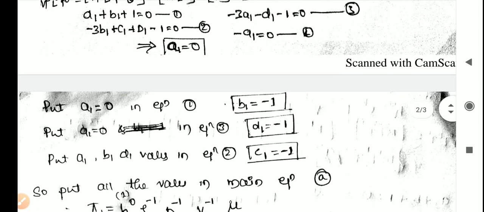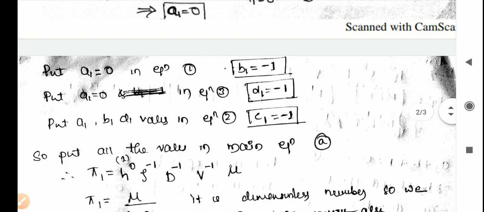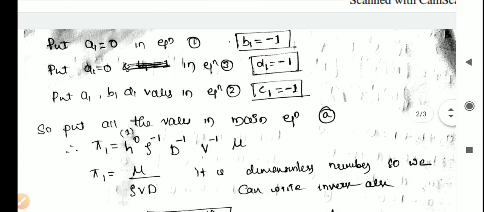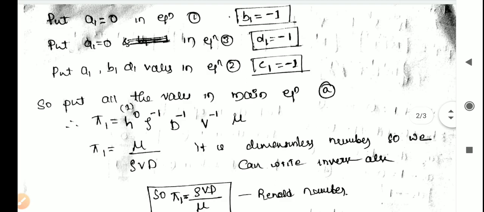You will get c1 is equal to minus 2. Okay, so put all the values in main equation a. Okay, that is pi 1 equation. So pi 1 is equal to h raised to 0, rho raised to minus 1, d raised to minus 1, v raised to minus 1 and mu. Okay, so pi 1 becomes mu divided by rho v d.